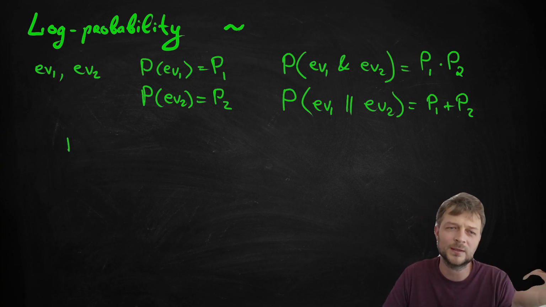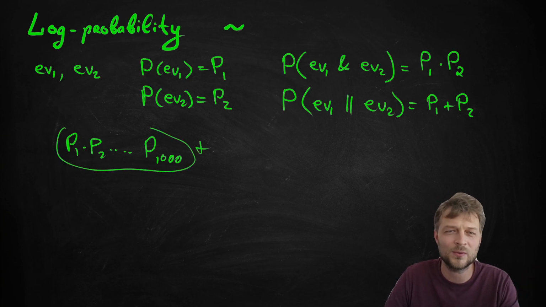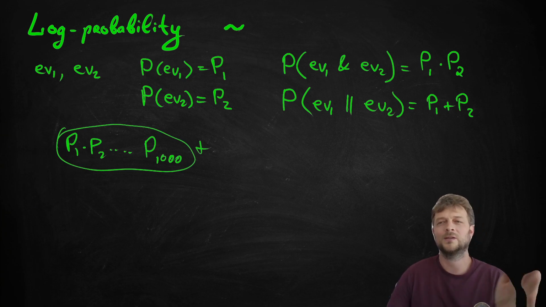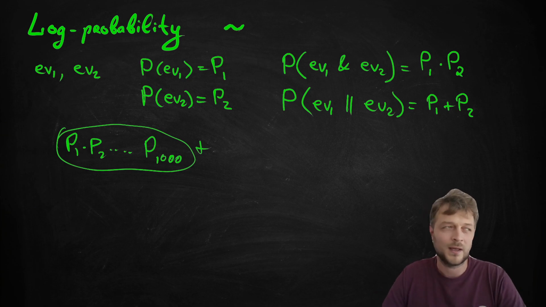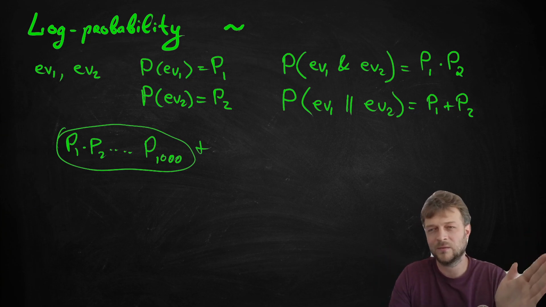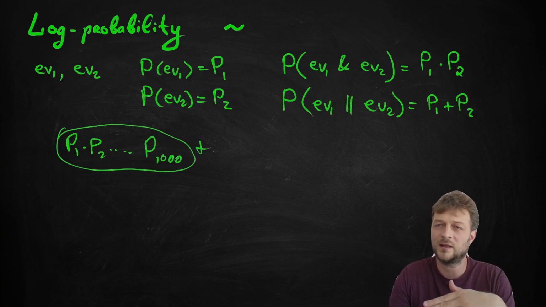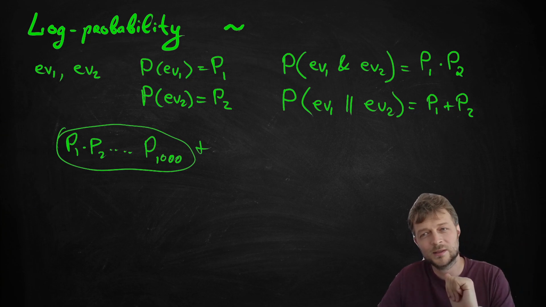We can get products like P1 multiplied by P2, and these products can go up to P100 or 1000, and we can sum such big products together, and there are huge formulas in terms of the number of these events. And to make all that numerically stable and sometimes even more efficient for computation, so that floating point arithmetic works, instead of multiplying them and summing them, we go into log space.